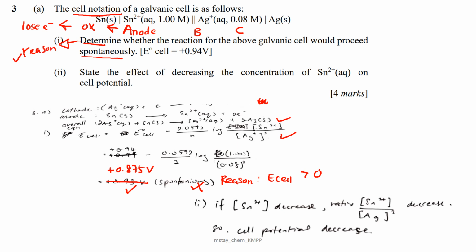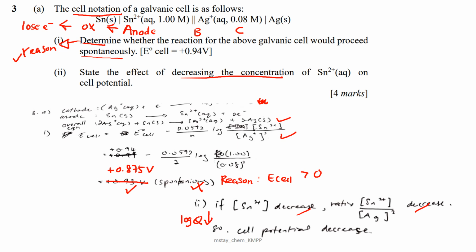Question 2. State the effect of decreasing the concentration of Sn2+. Okay, correct. When the concentration of Sn2+ decreases, the concentration ratio also decreases. This will make log Q decrease as well.